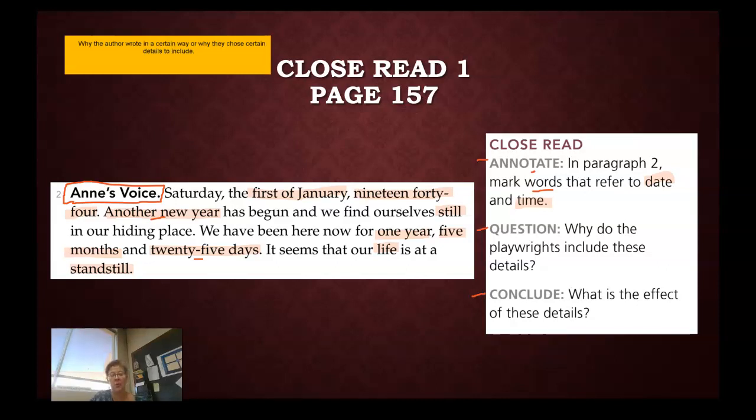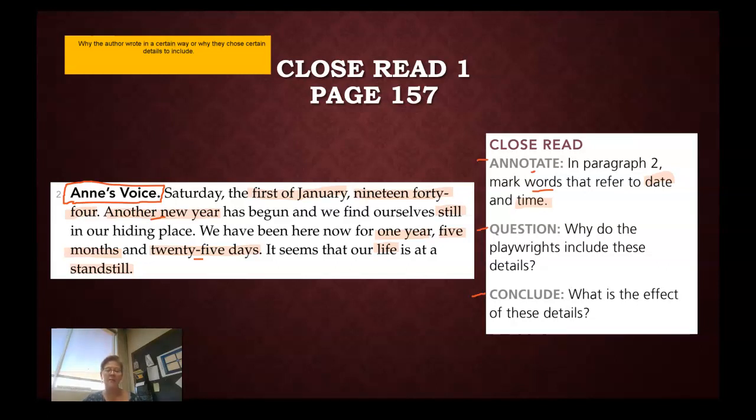So I think the playwright is giving some of these details for me to understand how the character is feeling. So what is the effect of these details? So the effect of these details is it's almost like being in quicksand, right? As the audience, you're feeling the frustration of them not being able to move forward. You're feeling that feeling of being trapped.